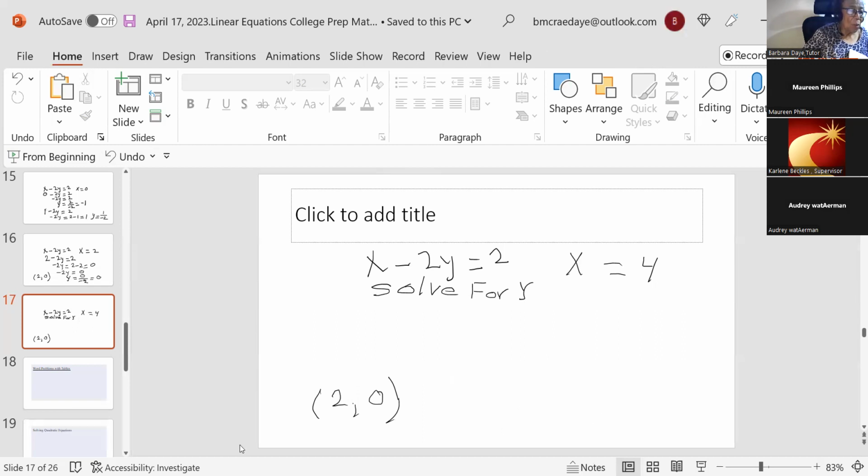Tell me what you get for y. So x minus, 4 minus 2y equals what? Equal 2. Same thing you have here. You got it, Audrey. You started it right. So you got 4 minus 2y equal 2. Now keep going and solve for y.